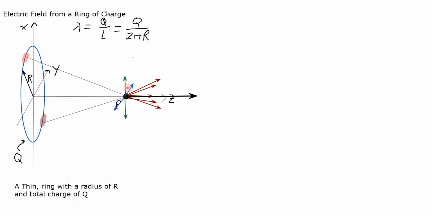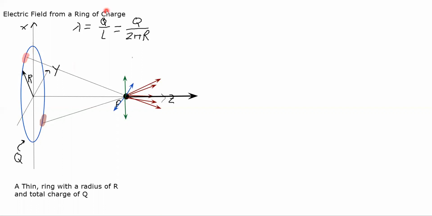So we just took into account the symmetry, and you should be able to see that this is symmetric in the xy plane, right? So you have this quadrant is symmetric to this quadrant is symmetric to this quadrant. Whatever electric field this guy produces is canceled out by this guy on the other side. Whatever electric field this quadrant makes is going to be canceled out by this quadrant, okay?